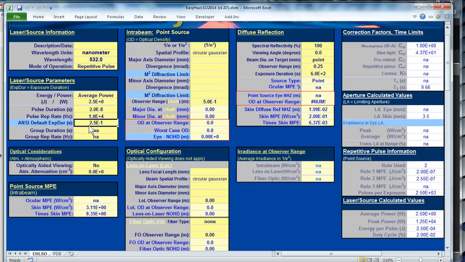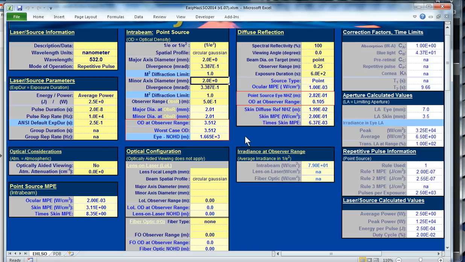We know our ANSI default, a quarter of a second. We're going to stick with that. We have a 2 millimeter beam diameter. Now here is the thing: we don't have the information for divergence, so we're going to put 1 in for M squared, and this produces our theoretical limit for our divergence. In other words, the smallest or worst case divergence we can have.